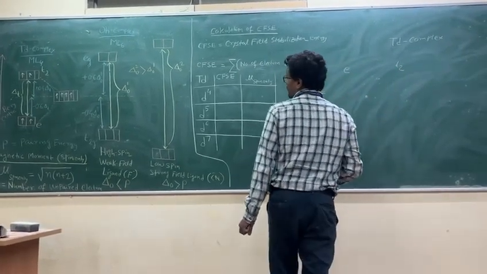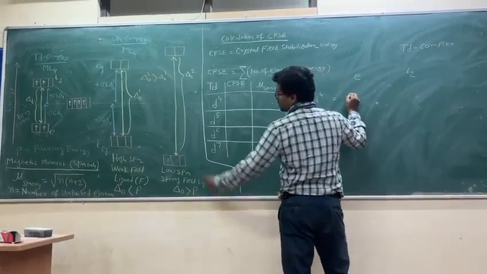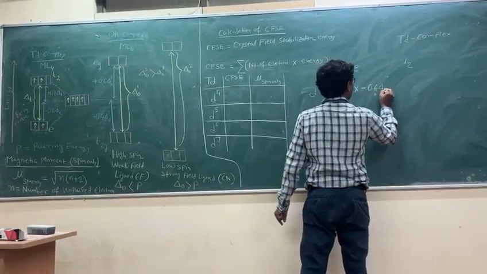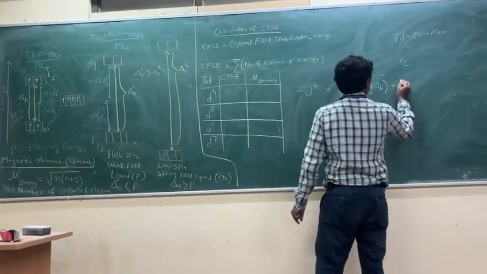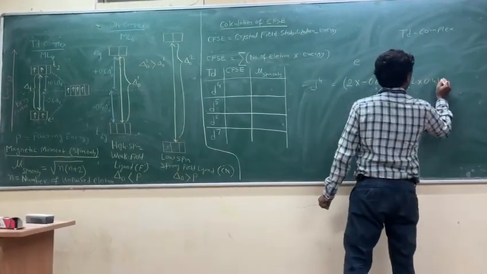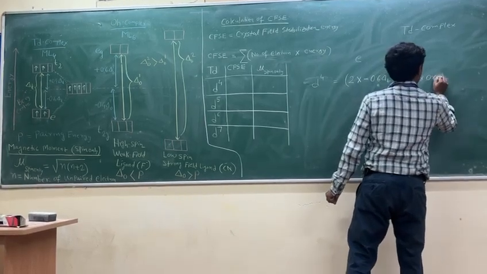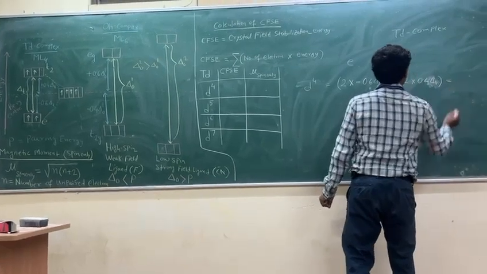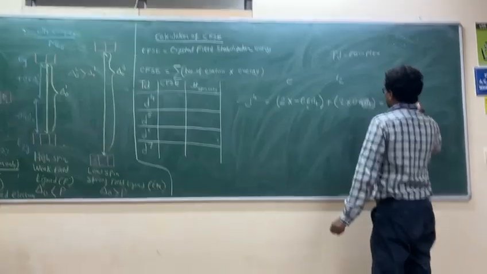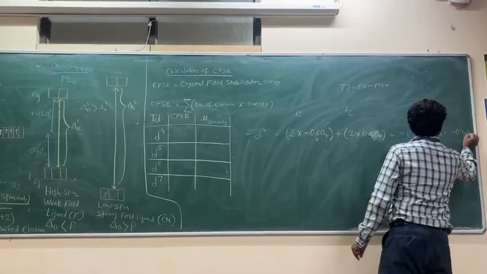In the E level, there will be 2 electrons, 2 into minus 0.6 delta T, plus in T2 level there are again 2 electrons, 2 into 0.4 delta T. Then total value will be minus 1.2 plus 0.8, which is minus 0.4 delta T. Okay.